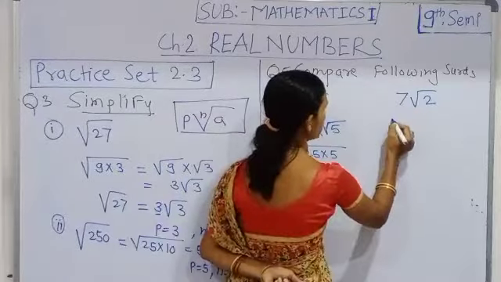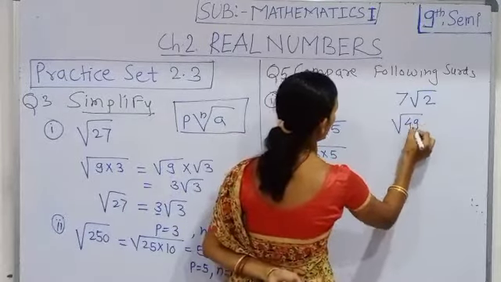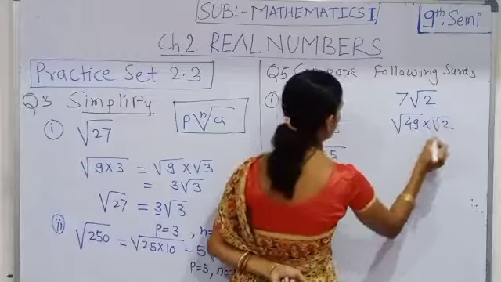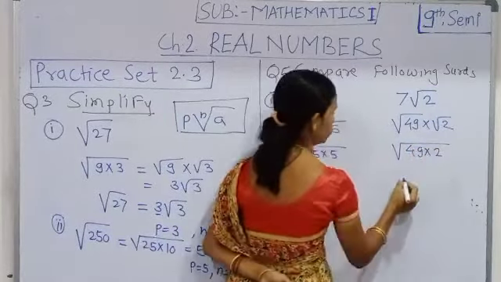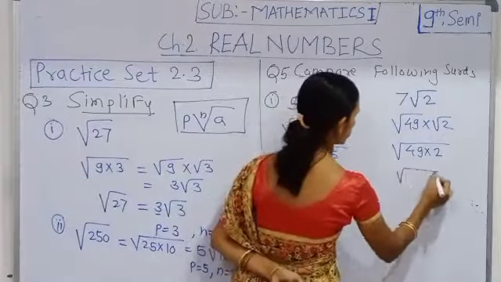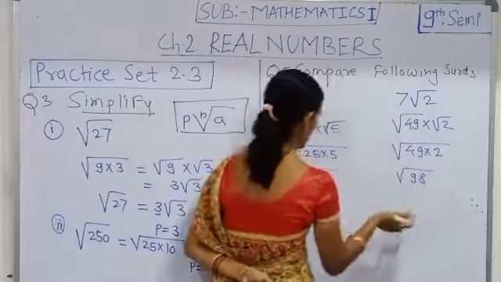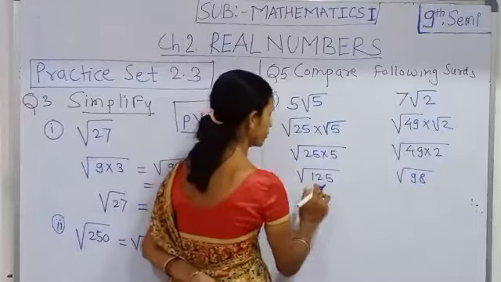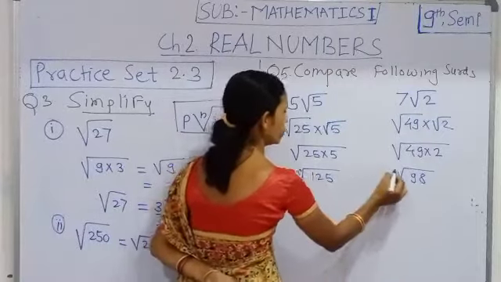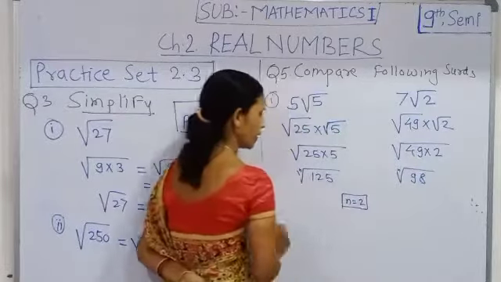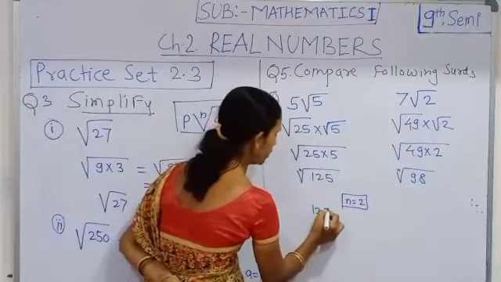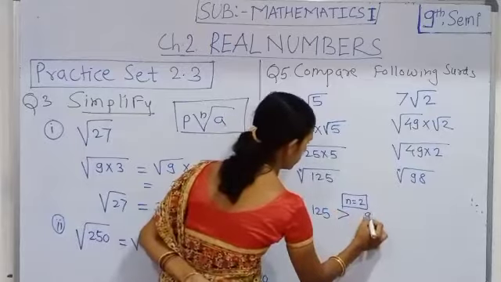Similarly 7 means root 49 into root 2. Therefore root 49 into 2. Therefore here root 98. Then see here the order of these two is the same, but 125 is greater than 98.